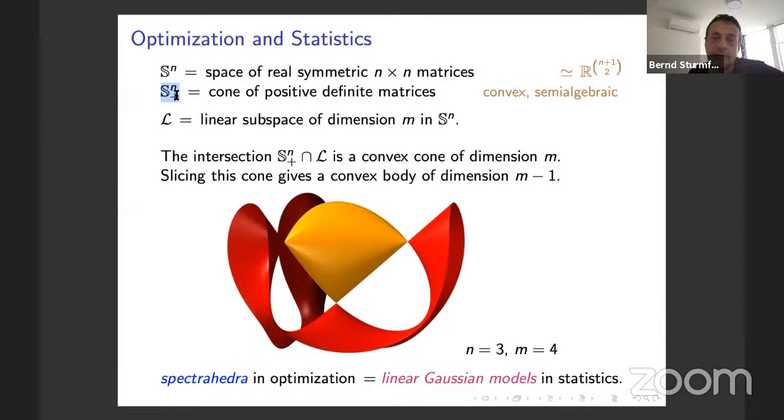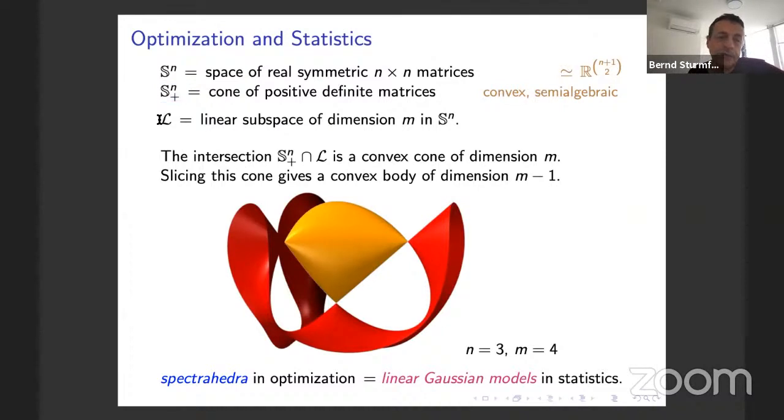So it turns out that if I have a positive definite matrix, and Jared has another positive definite matrix, and we add our matrices, it's still positive definite. So this set is convex, it's a convex cone, it's semi-algebraic, it's defined by polynomial inequalities, and this is the cone we're going to be interested in.